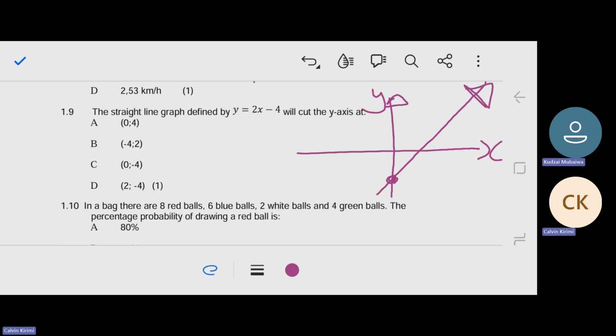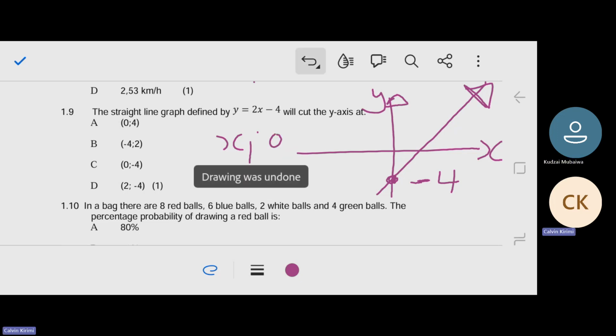When it was minus 4, that is where it's cutting the y, like what I drew there. But the coordinates, you always start with the x, then y, isn't it?